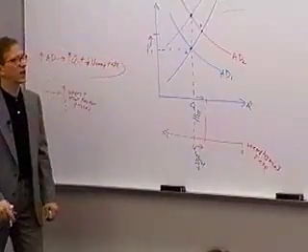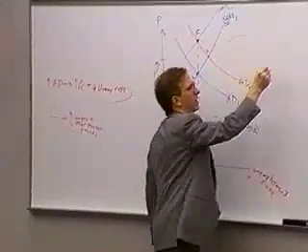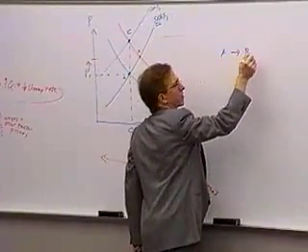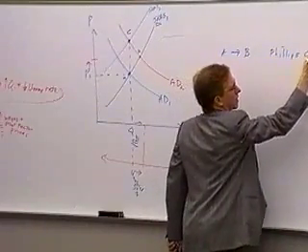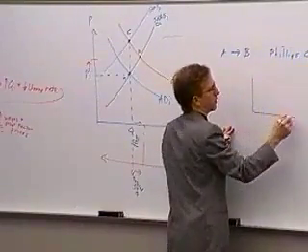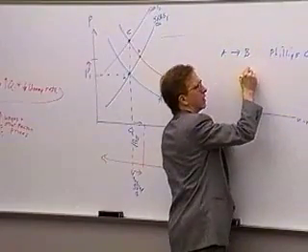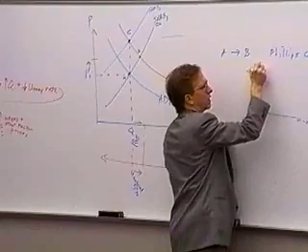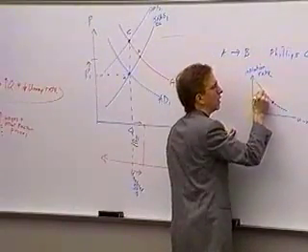So what I'm saying to you is this movement from point A to B, that's the Phillips curve. That is to say, it describes that Phillips curve. What do we have?